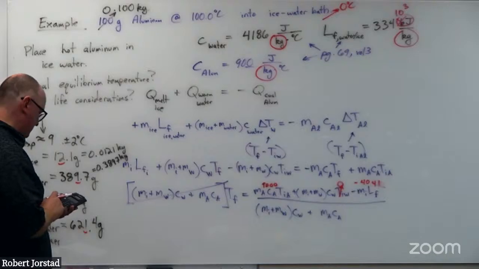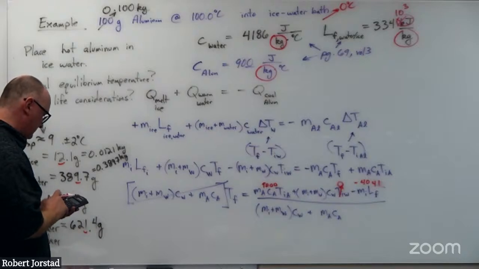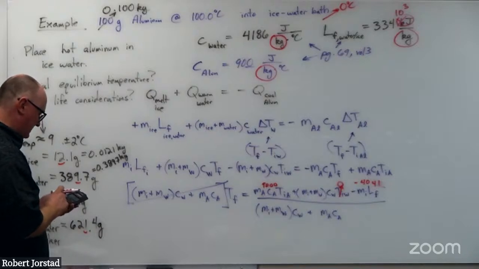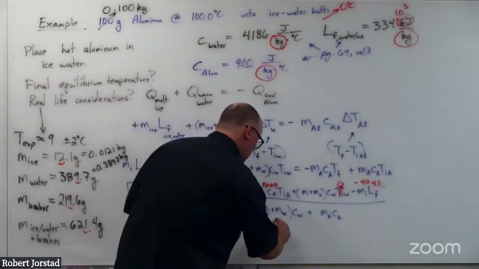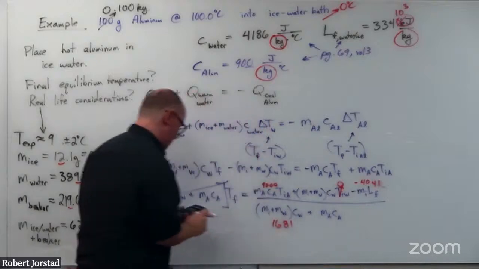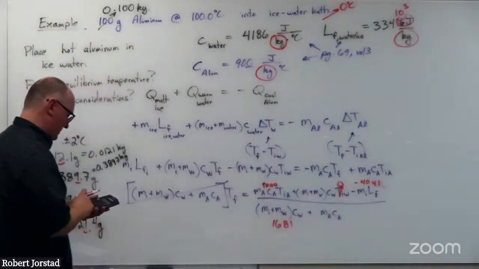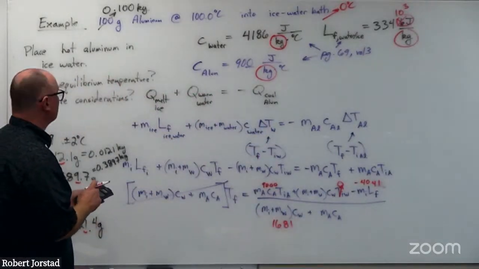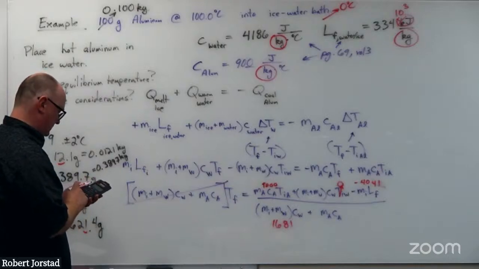So what was this? 389.7 plus 12.1, divide that by 1,000, times c_w, 4186, that's 1681, and then mass of the aluminum, that was 0.1 times c of the aluminum, which was 900, that should be just 90.